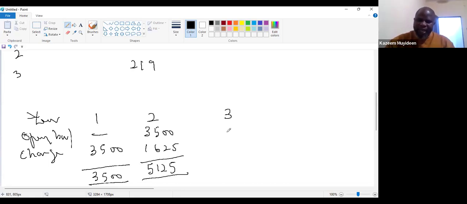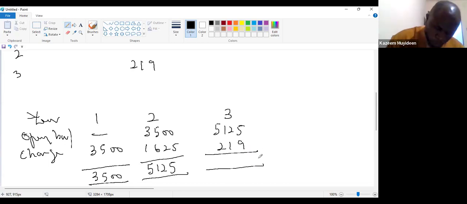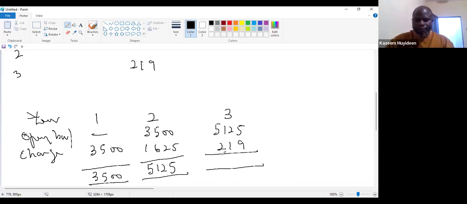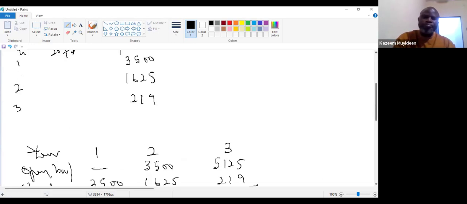The closing balance in year two, which is 5125, plus the 219 charge for the year gives 5344. Do you see it gives me 5344? So I can fill in the gap. Based on this, I can do it the same way.